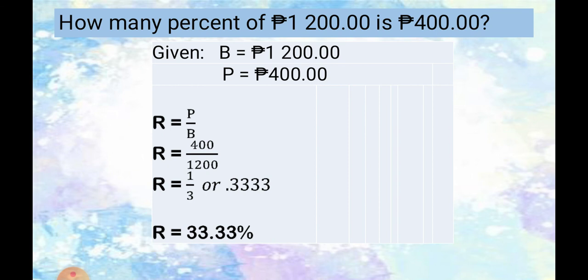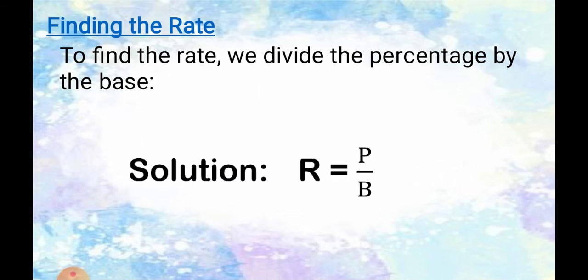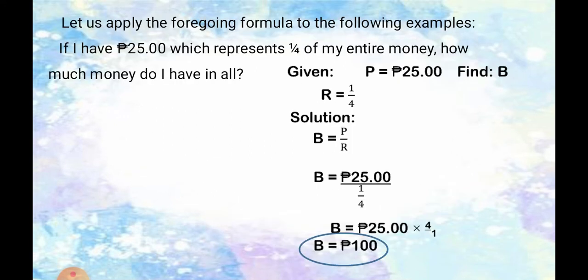Okay, again, finding the rate is R. We are going to use the formula R is equal to P over B or percentage over the base. And then what about finding the base? Okay, finding the base is B is equal to P over R or percentage over the rate.